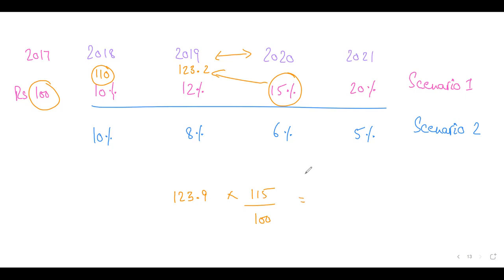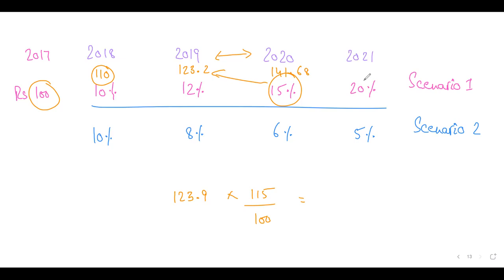So the next one turns out to be, let me do the calculation, right? 123.2 times 115 and divided by 100. So yeah, 141.68, absolutely correct. 141.68, and then next year you have to calculate 20% higher of this.